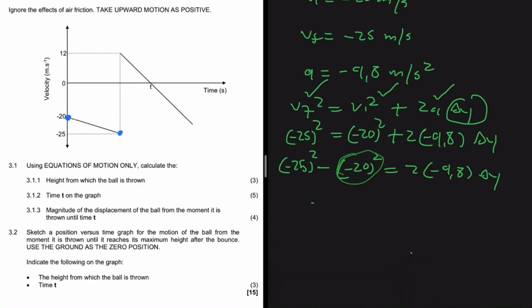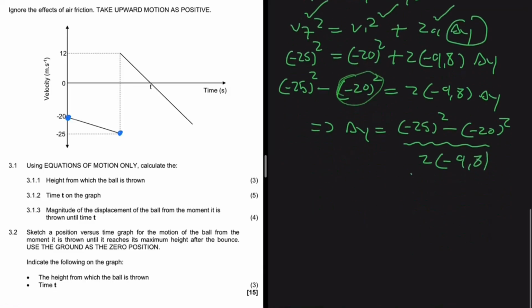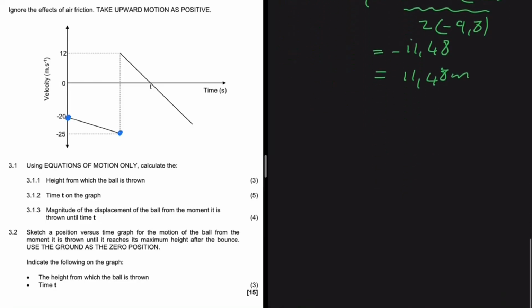So if we do that, we're going to get delta y being equal to minus 25 squared minus 20 squared, everything divided by 2 multiplied by minus 9.8, and then our delta y is equal to minus 11.48, right? Which is just 11.48 meters. So the height above the ground is 11.48 meters.